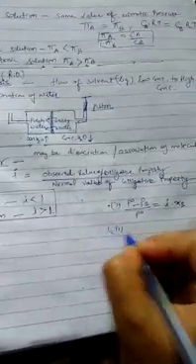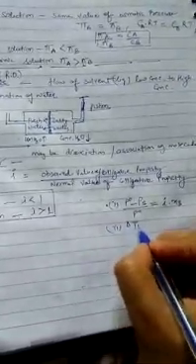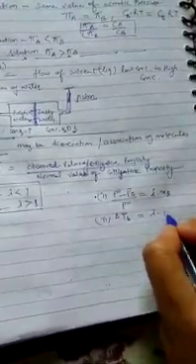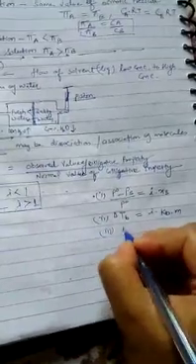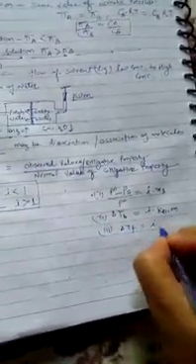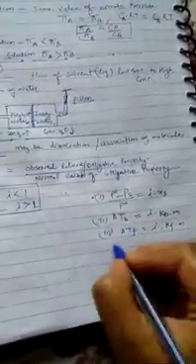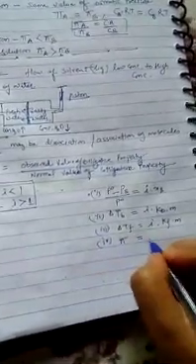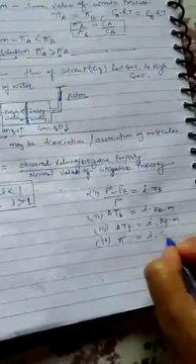Similarly, the second colligative property, elevation in boiling point, can now be written as delta Tb equals i, the Van 't Hoff factor, into Kb into m. The third colligative property, delta Tf, equals i into Kf into m. And the last colligative property, osmotic pressure pi, equals i, the Van 't Hoff factor, into C R T. So if there is association or dissociation, then we have to use these formulas.